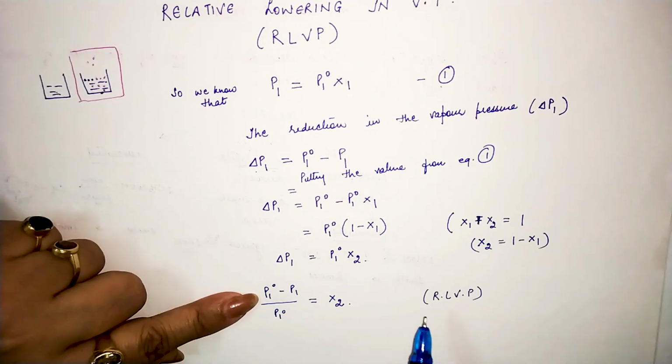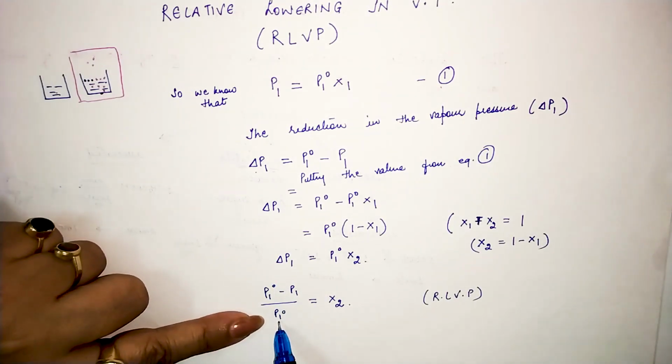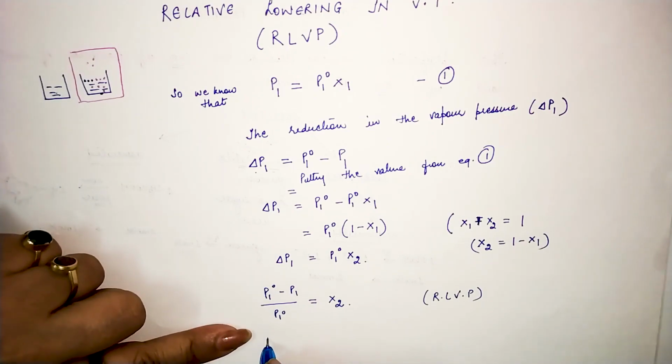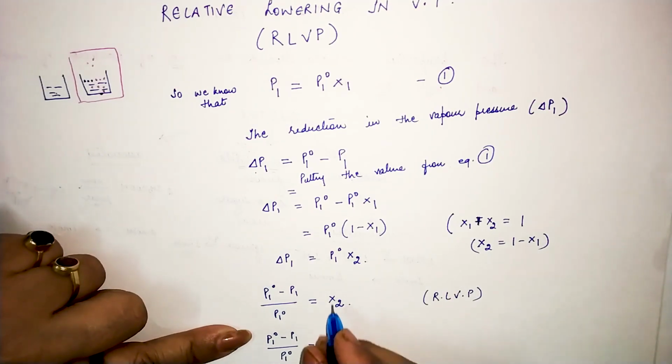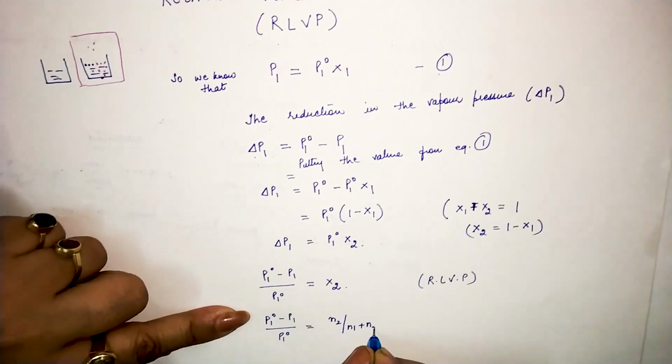Again, I'll repeat. This equation is called relative lowering in vapor pressure because now this change in the vapor pressure is related to the pure pressure. Now I can also write P1 naught minus P1 upon P1 naught is equal to, this X2 I can write as N2 upon N1 plus N2.